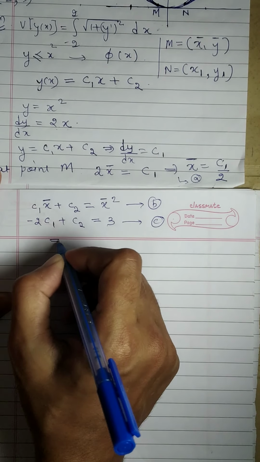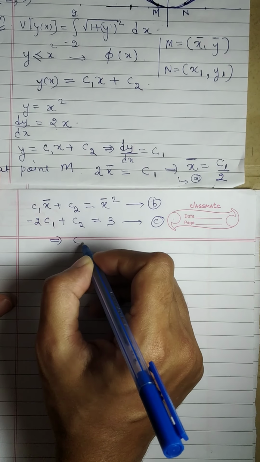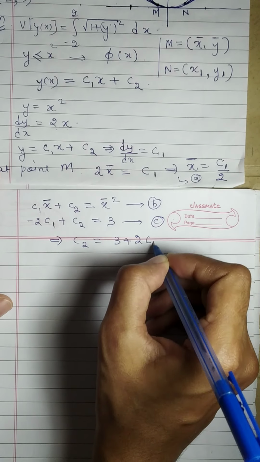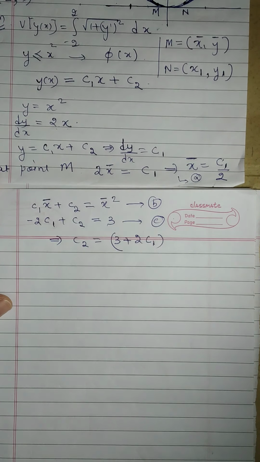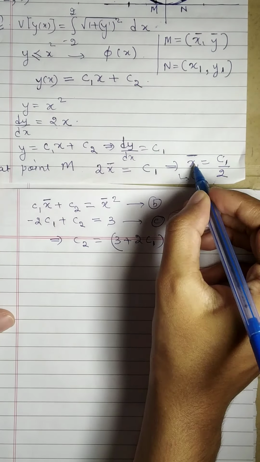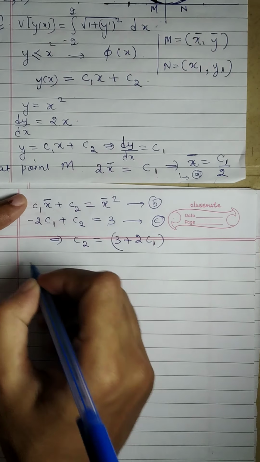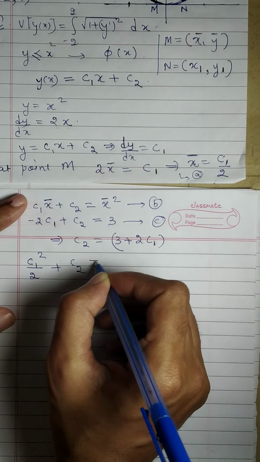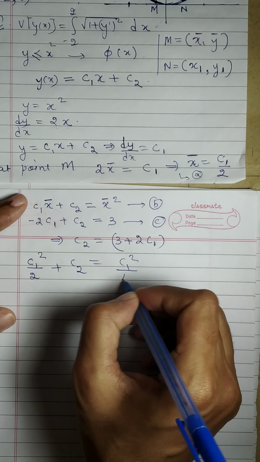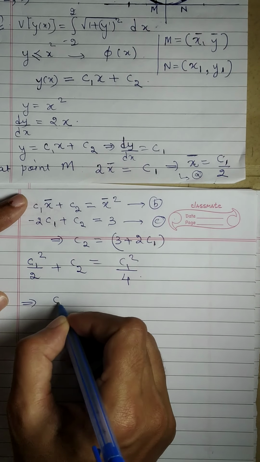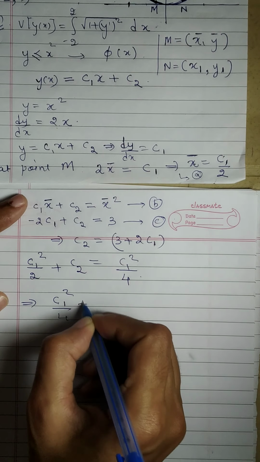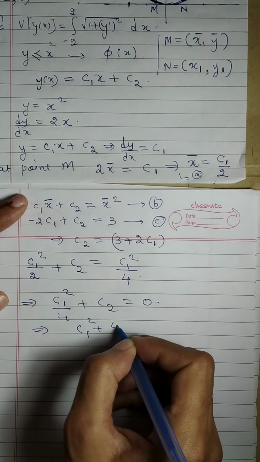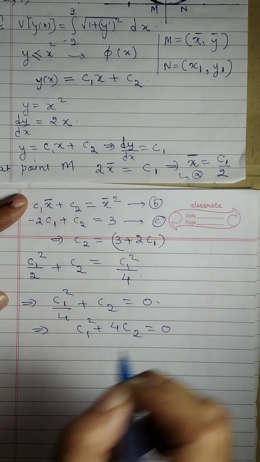So this tells us that C2 is equal to 3 plus 2 into C1. And if we substitute this here, we will get C1 square by 2 plus C2 is equal to C1 square by 4. So C1 square by 4 plus C2 is equal to 0, that is C1 square plus 4 into C2 is equal to 0.